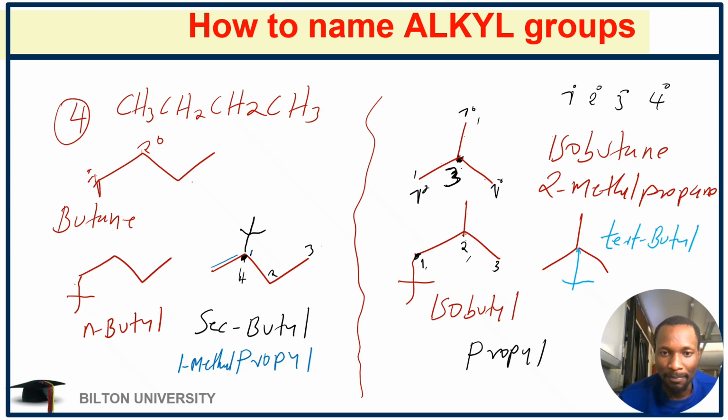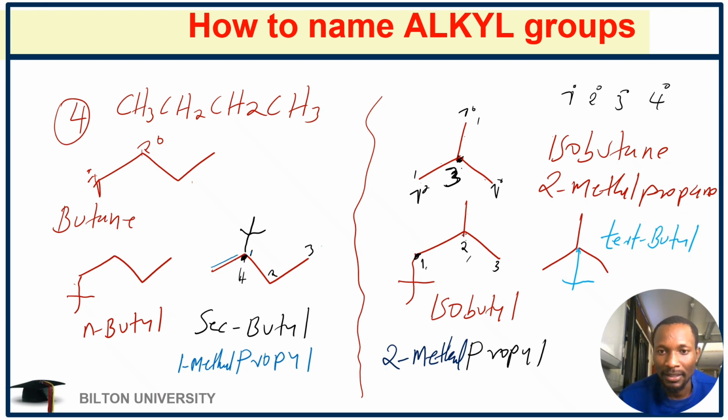Look at this carbon number 2, it has a substituent, and this substituent is a methyl. So we can say 2-methylpropyl, which is now the name of isobutyl in another word.